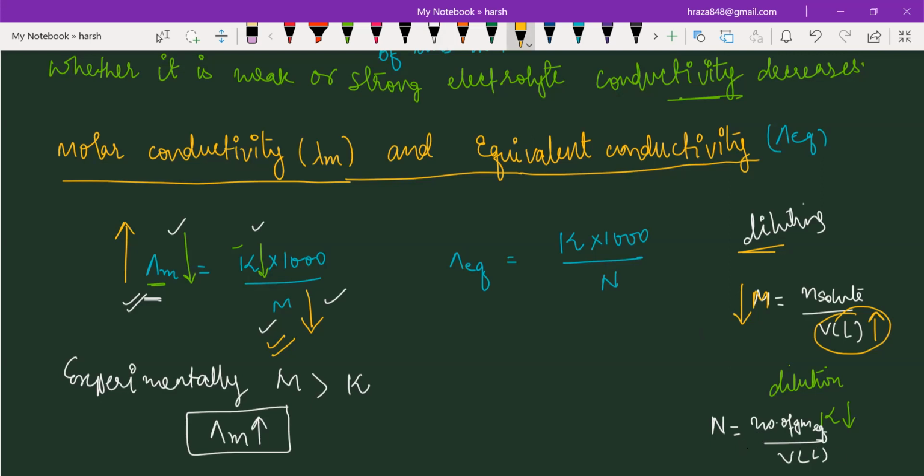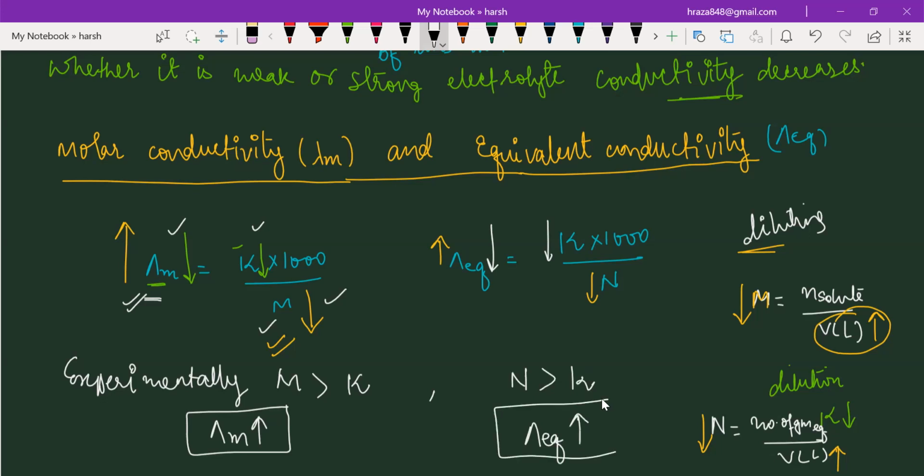Now, volume increases, so this decreases, which means that this will increase. You also know that with dilution, kappa decreases. But experimentally, we also find that normality is dominating kappa. That's why equivalent conductivity increases.